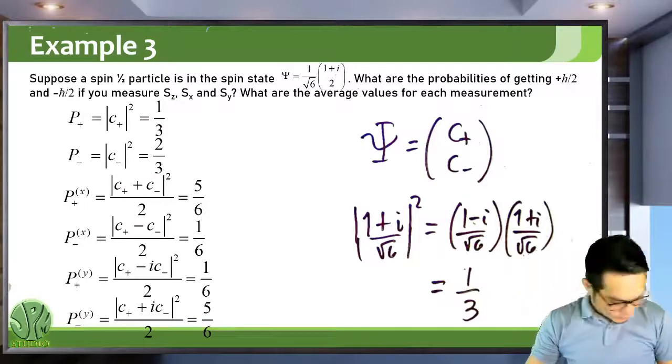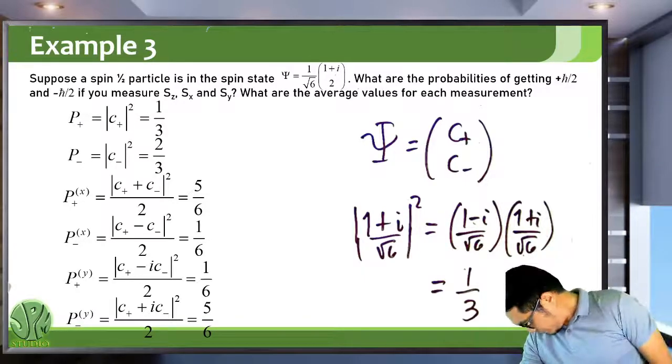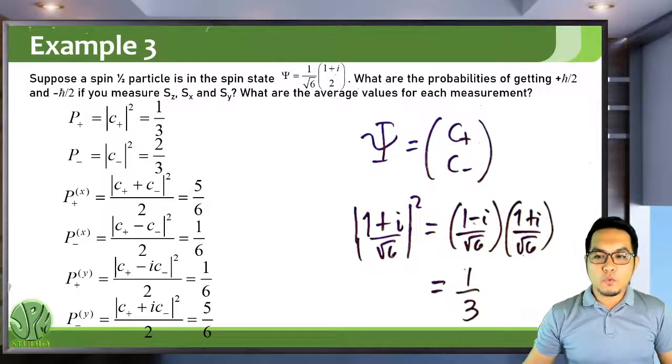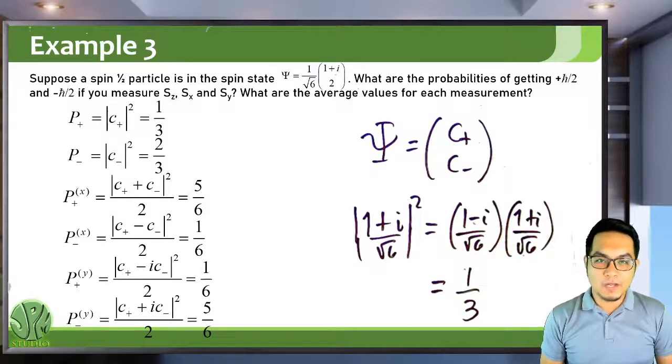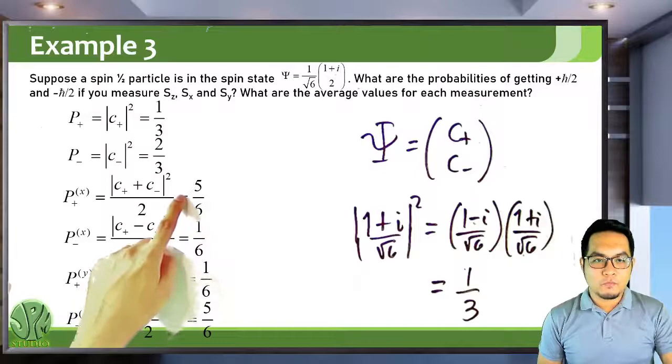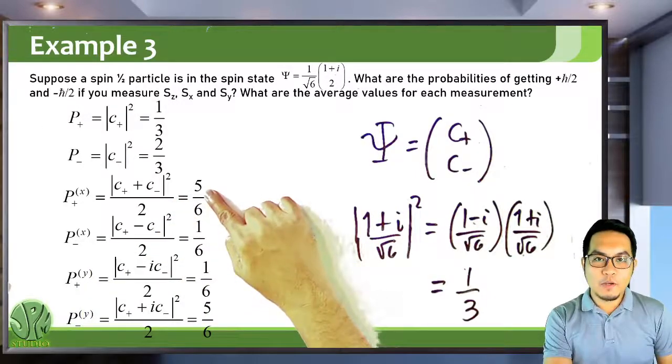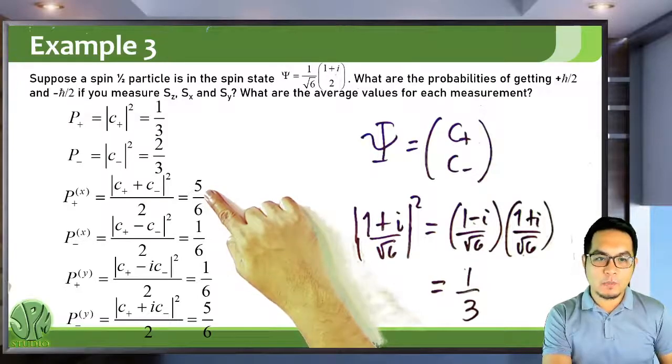Now, what are the average values? There are only two possible values: positive h bar over 2 and negative h bar over 2. So, for instance, if you measure Sx, the value positive h bar over 2 has a probability of 5 over 6.